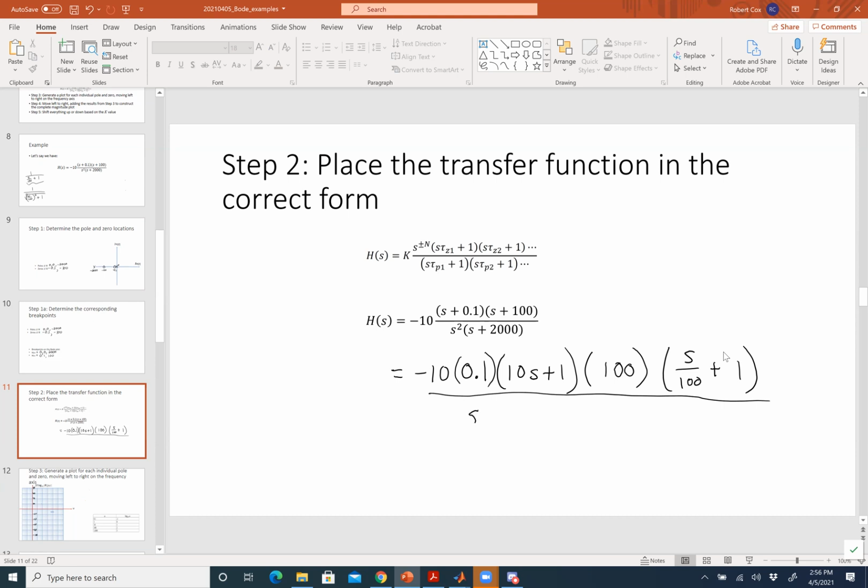So s squared. And then what do I do with this s plus 2000? I can pull out a 2000, and then I'd have s over 2000 plus 1. Like that.